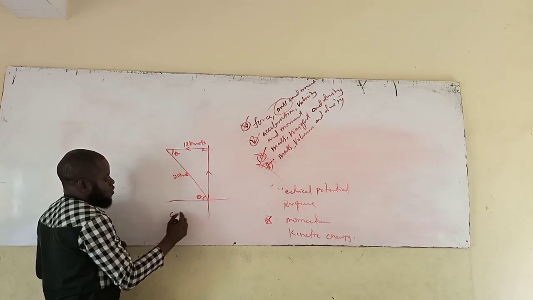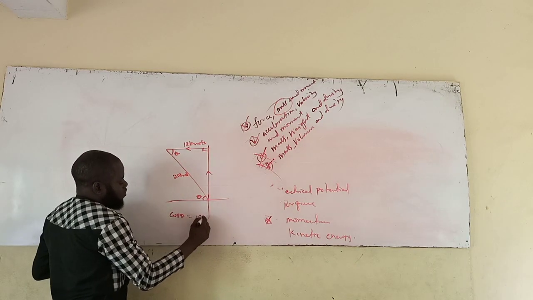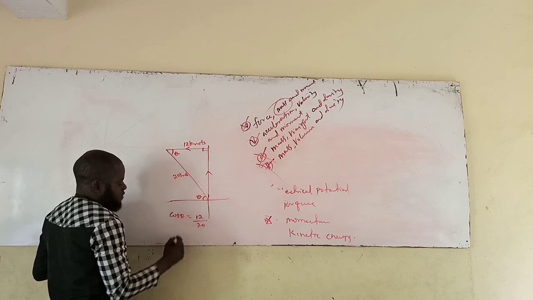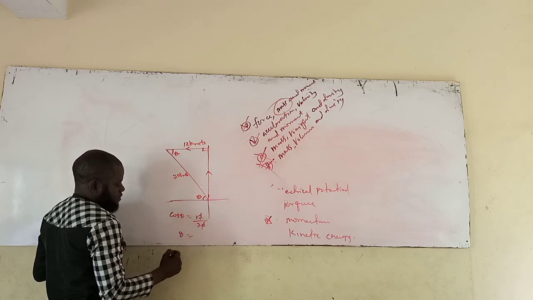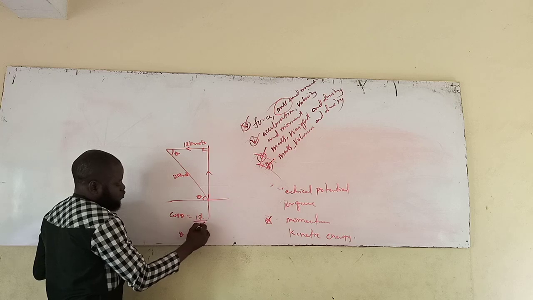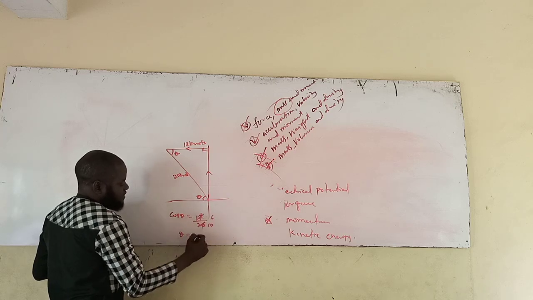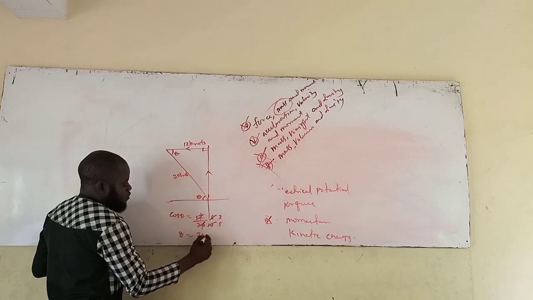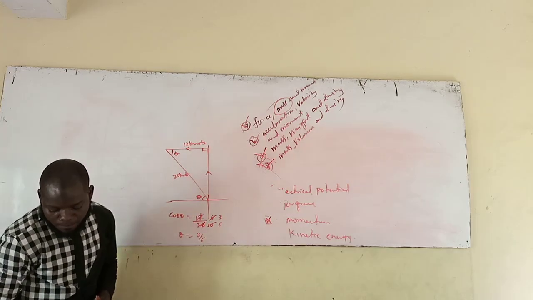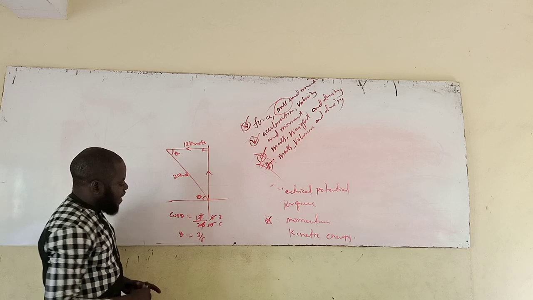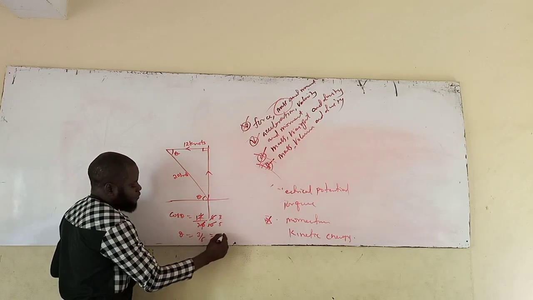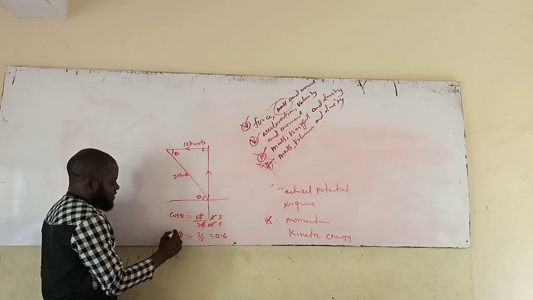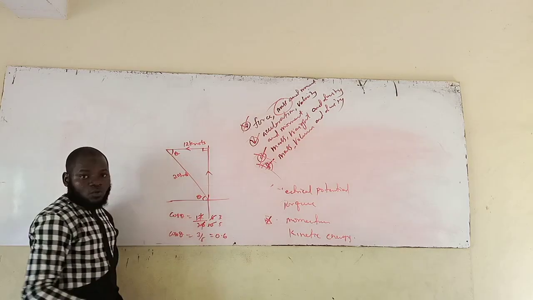So we say cos of theta is 12 over 20. Dividing by 2 here is 10, here is 6. Dividing by 2 here is 5, here is 3. So that's 3 over 5. If I have 3 over 5, press your calculator, that will give you 0.6. So cos theta is 0.6.